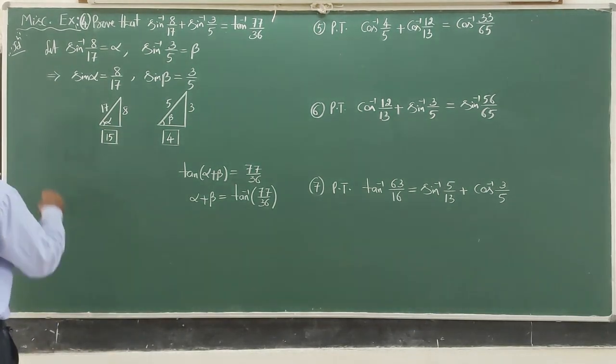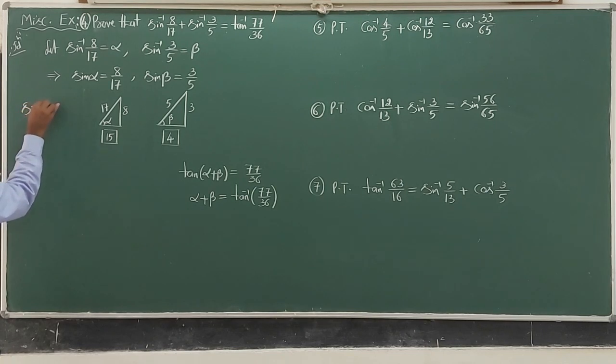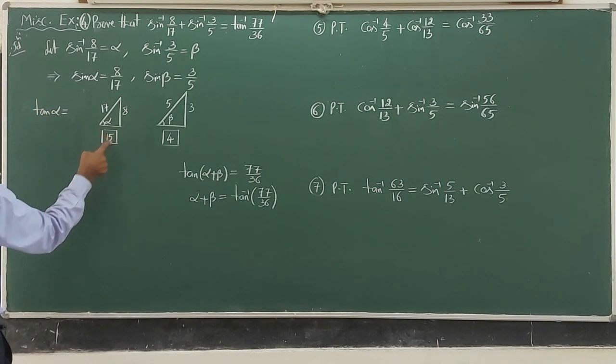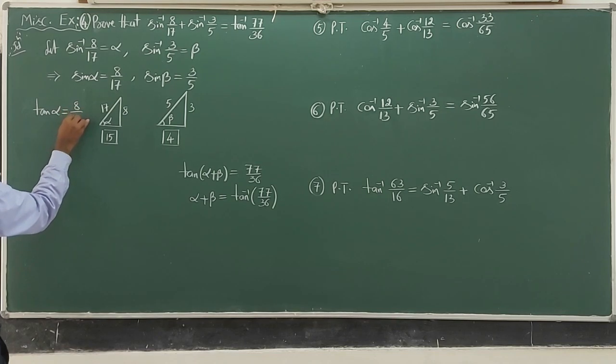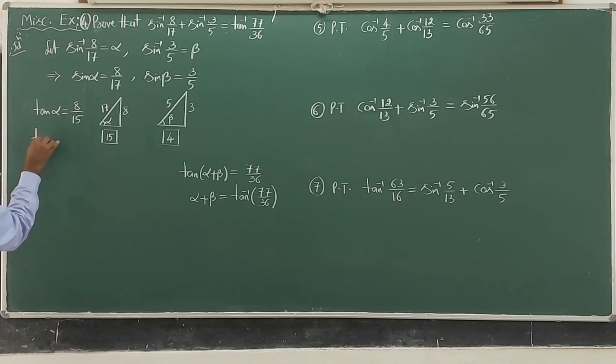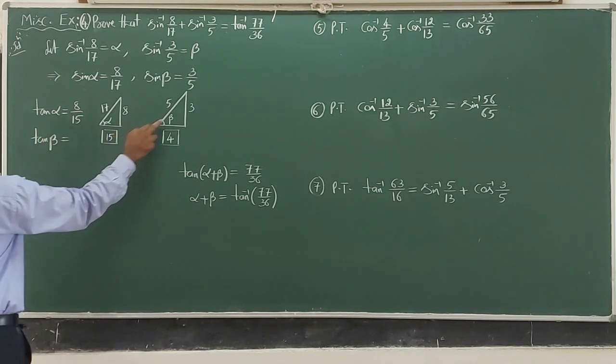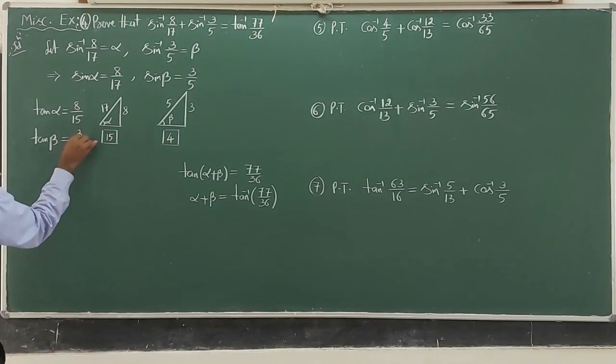By this I can write tan alpha equal to opposite by adjacent, tan beta equal to opposite by adjacent.